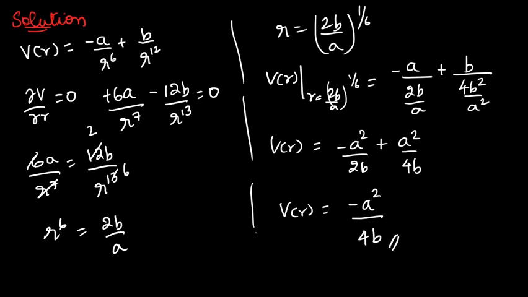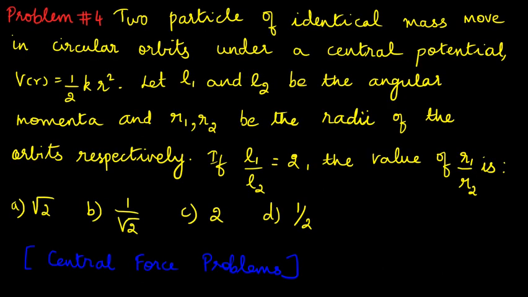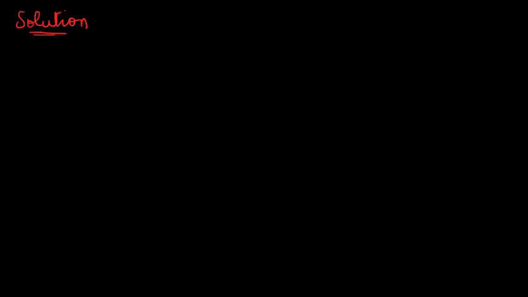So let us see our next problem, which is from central force problems. We have been given our potential, and L1 by L2 is given as 2. Now we have to find the value of R1 by R2. We have our potential, so we can use our V effective formula. V effective is given as L square by 2m R square plus V of R. Here V of R is half K R square.